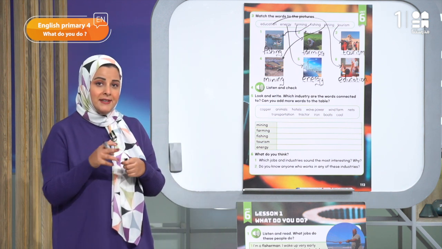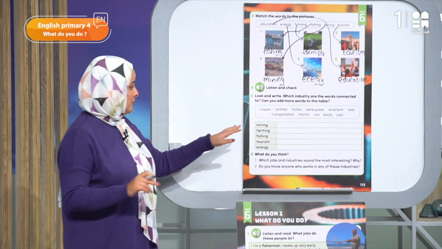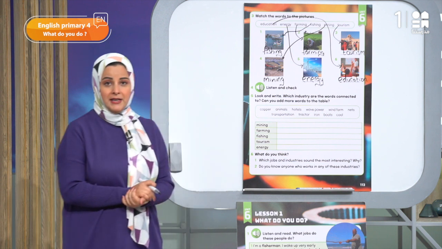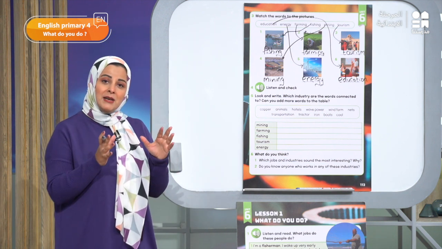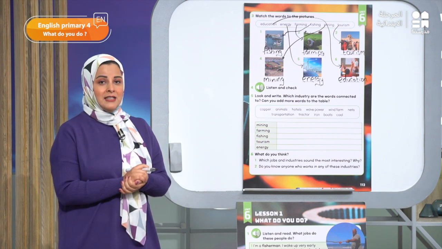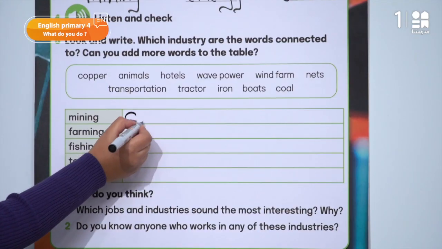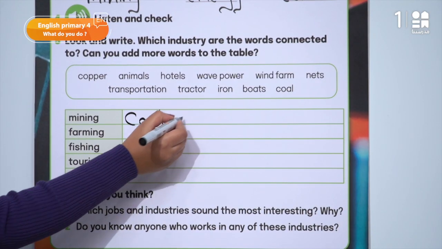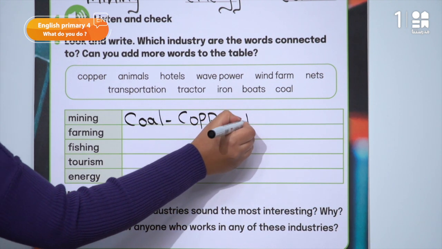قلنا يعني ايه mining؟ الشغل في المناجم. طيب, which words here will be written next to mining or they are related to mining? ايه الكلمات هنا اللي ليها علاقة بالتنقيب؟ Let's think. Very good. We have the coal, we have the copper, and the iron.